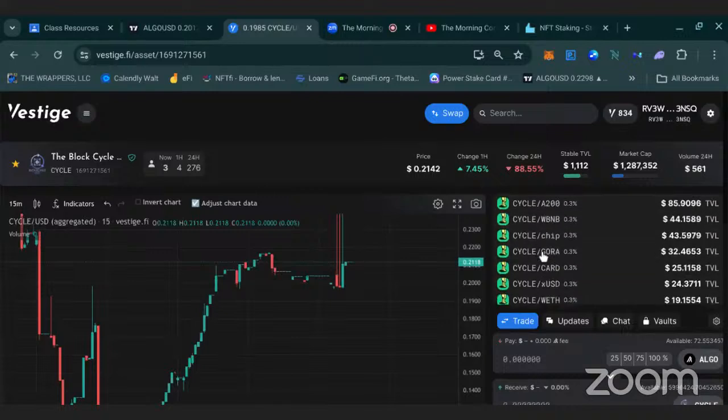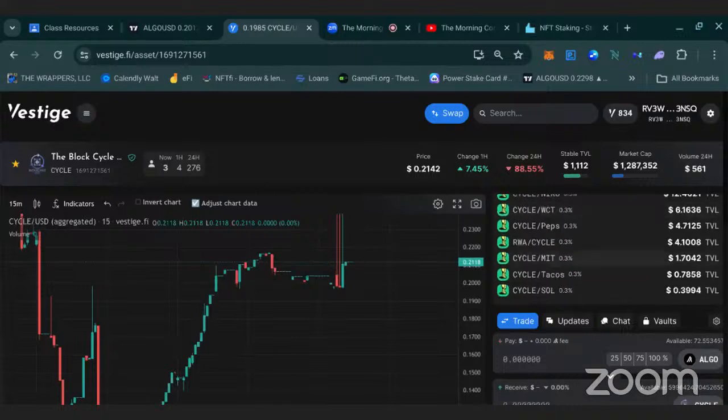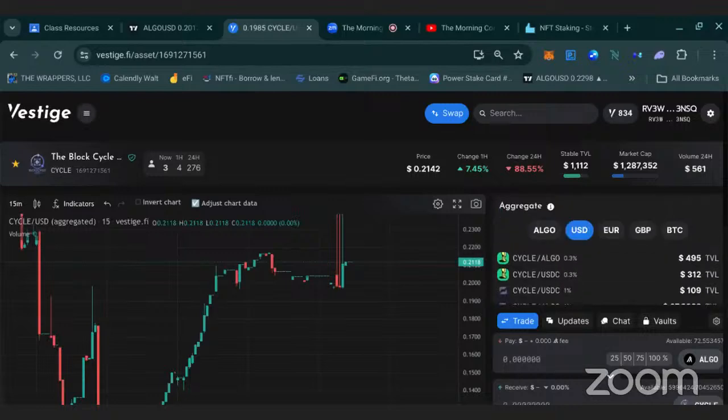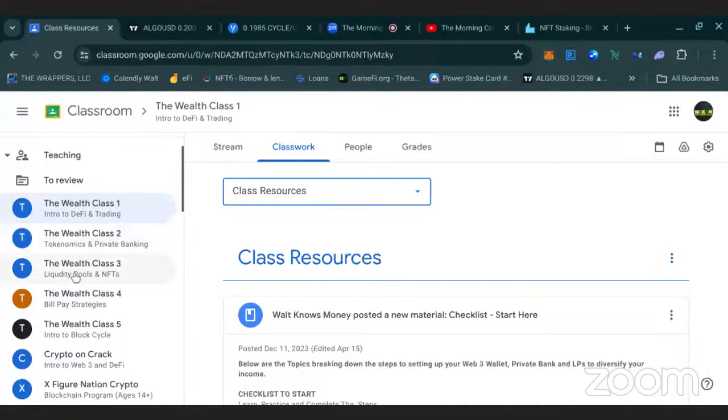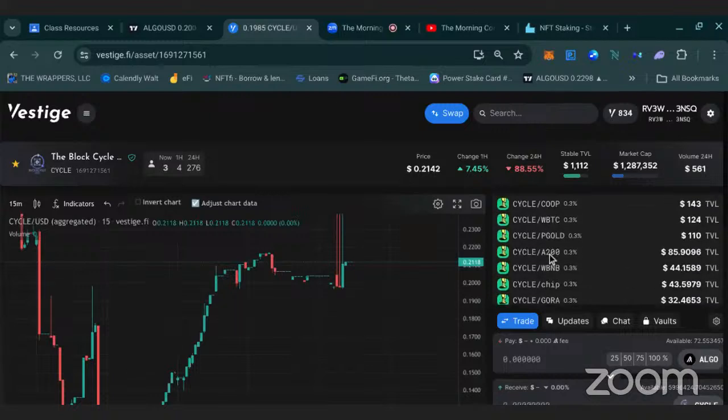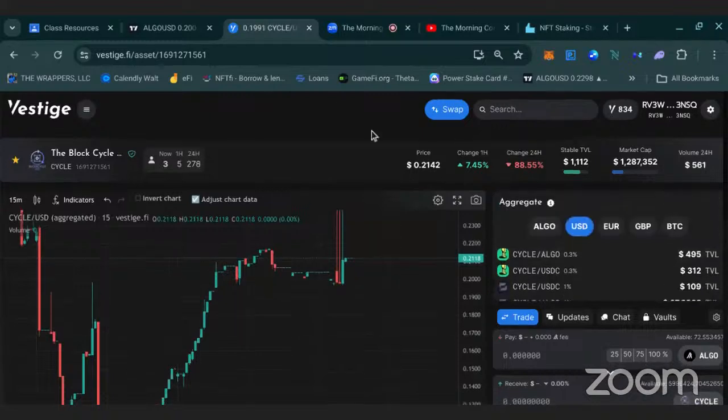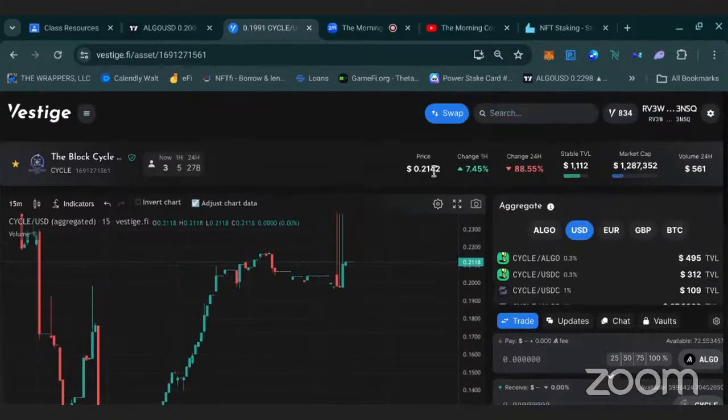I'm working on beefing up all of these liquidity pools, so that once we get into class and we're going over Class 3 for liquidity pools, BlockCycle members have a clear way to identify which liquidity pools they should target first. Another thing I want to point out: the price of the BlockCycle token and its TVL also affect the market cap.